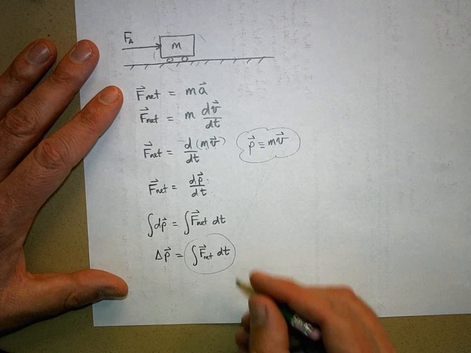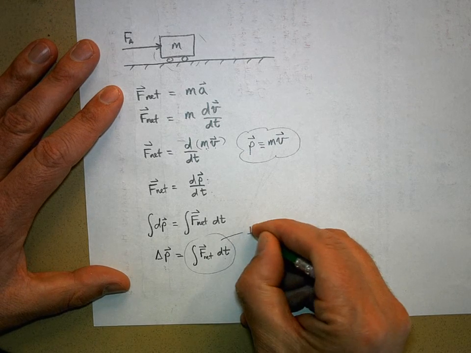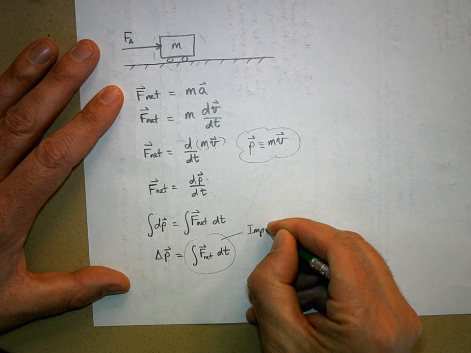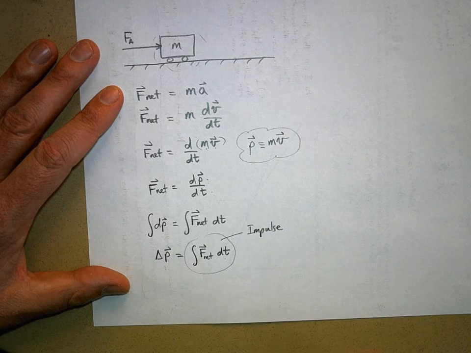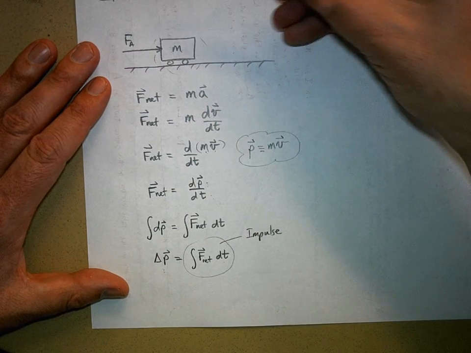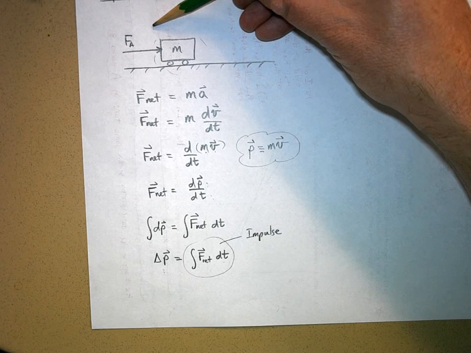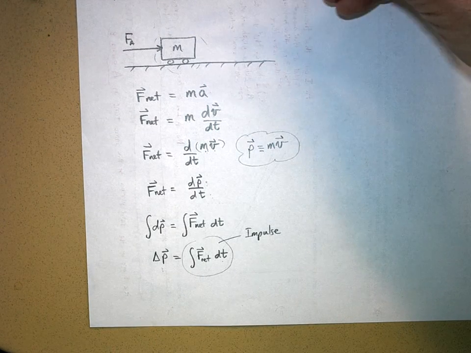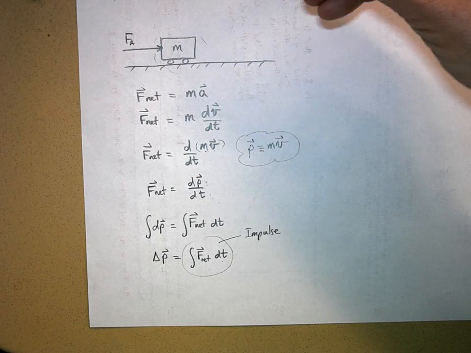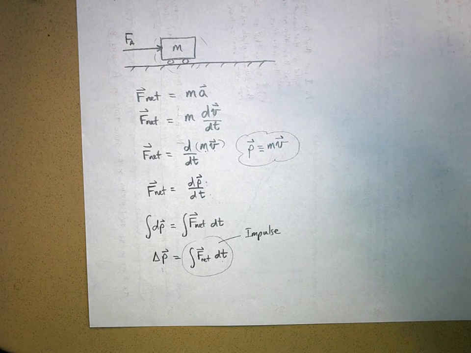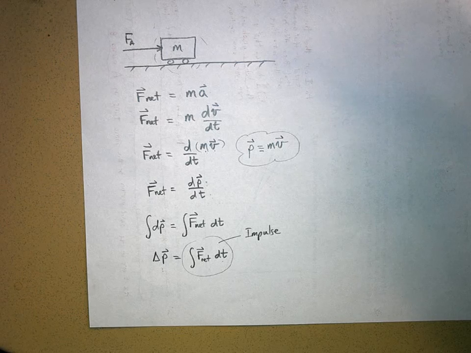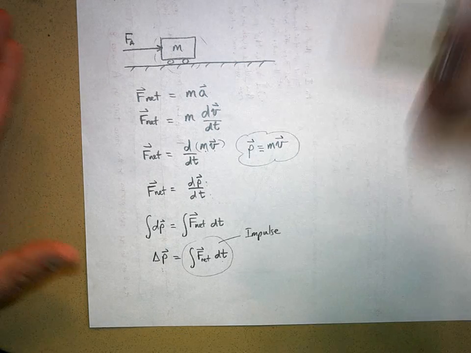Force times time is called an impulse. If I apply this force up here, let's say it's 20 newtons, and I apply 20 newtons times 10 seconds, well, that would be 200 newton seconds of impulse. And this is what we're calling it, impulse.